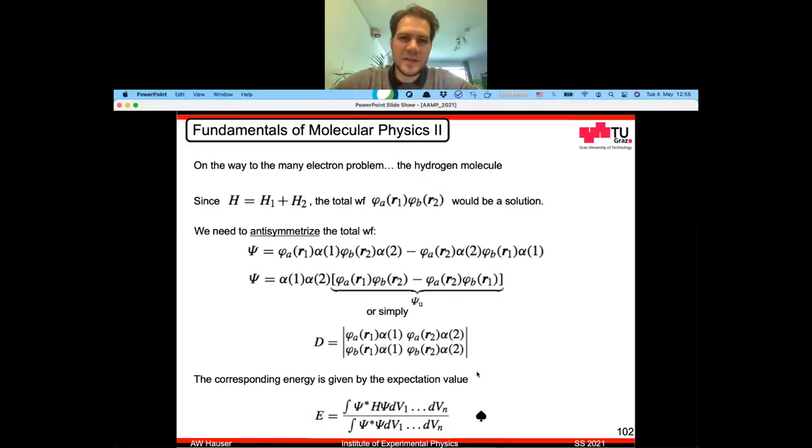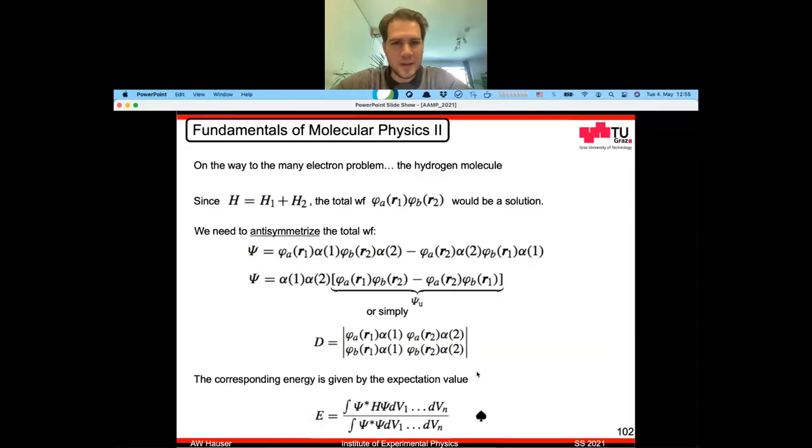Okay, with this in mind, we just need to do one more thing. We need to anti-symmetrize the total wave function, because we know it's a fermionic wave function, which means that if I take an electron and I take another electron and I make them swap positions, the total electronic wave function must pick up a sign.